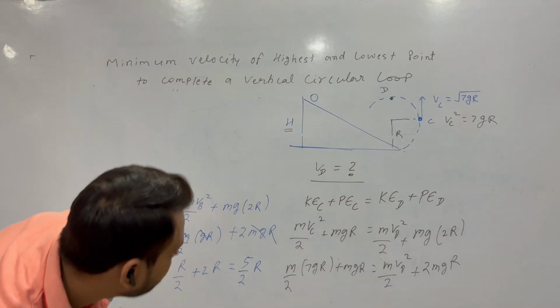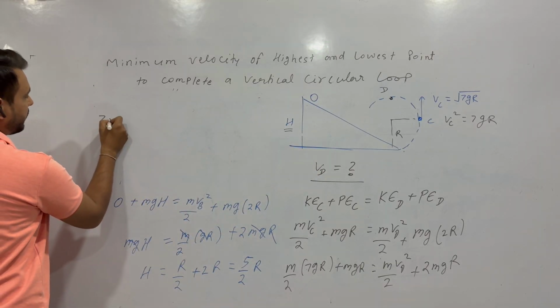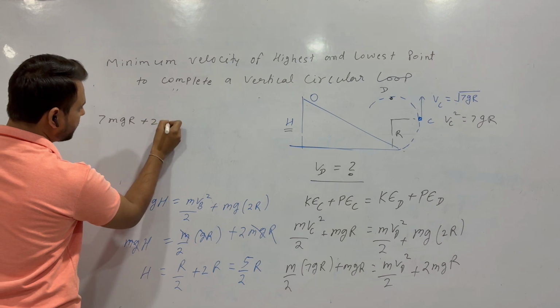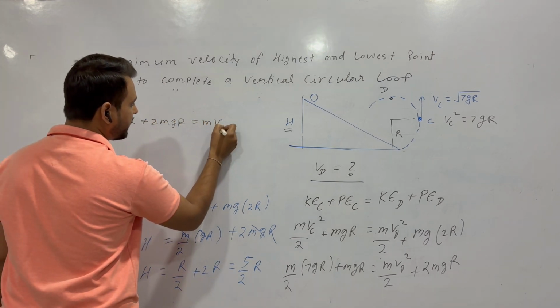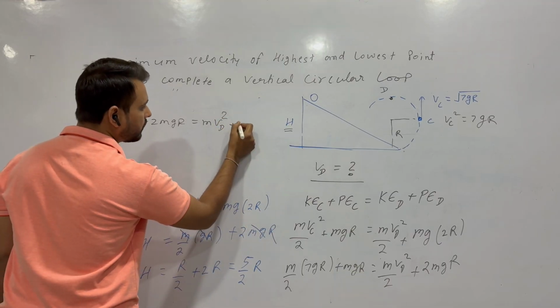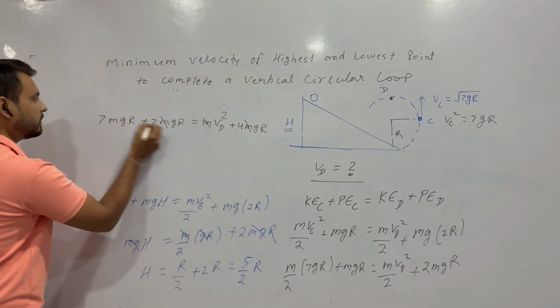So it will be equal to 7mgr plus 2mgr will be equal to mvd square by 2, 2 is cancelled, and remaining will be 4mgr. So m cancelled from all.